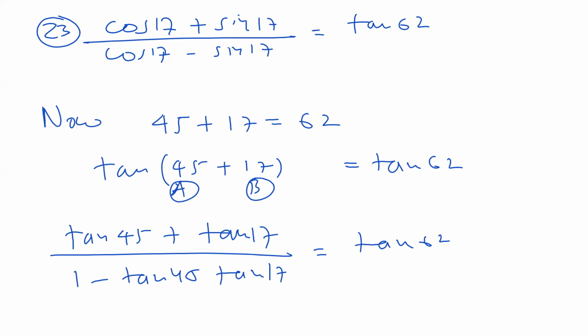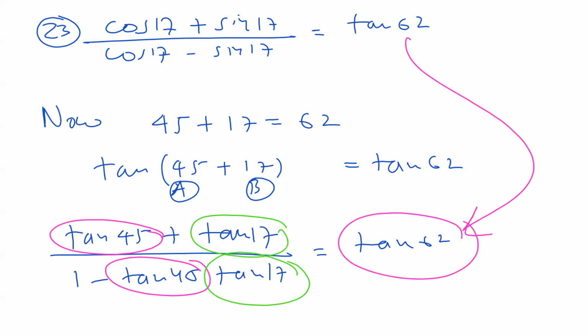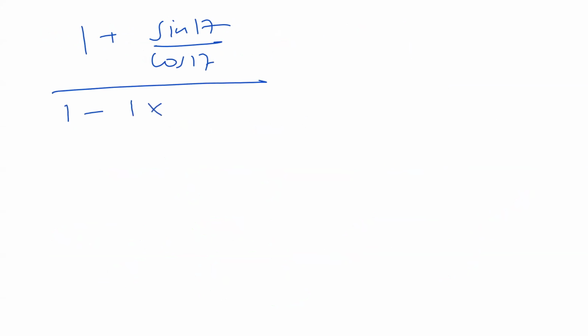Now two things I will do. Right hand side, we already have it, so I'm not going to touch this part. Left hand side, tan 45 I'll take as 1, and tan 17 I'll write as sin 17 upon cos 17. So 1 plus sin 17 upon cos 17, upon 1 minus 1 into sin 17 upon cos 17, is equal to tan 62.